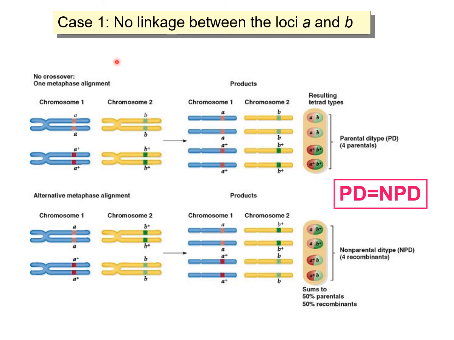Now let us consider case 1, where there is no linkage between A gene and B gene. So crossover has not taken place. This is the chromosome, crossover is not there, and we are considering that there is no linkage, in the sense A and B are present on separate chromosomes. In that case, let's see what will happen.